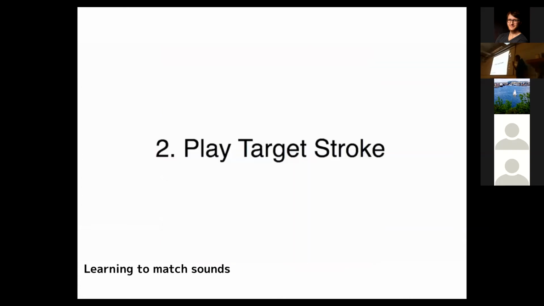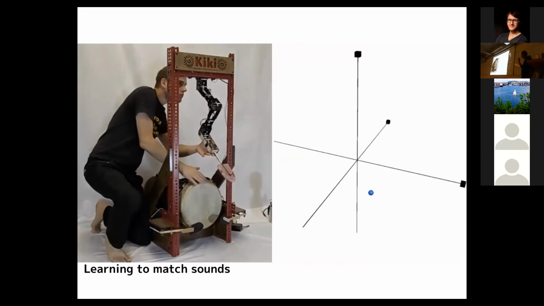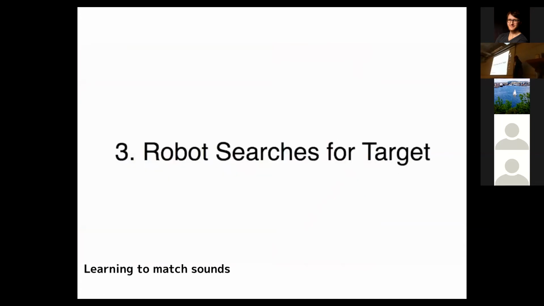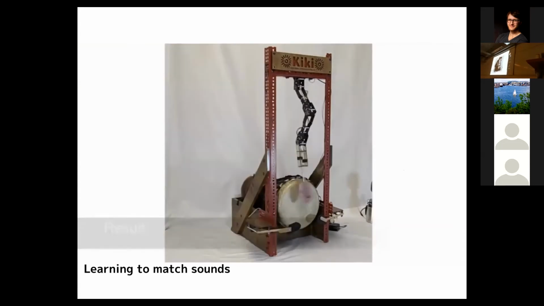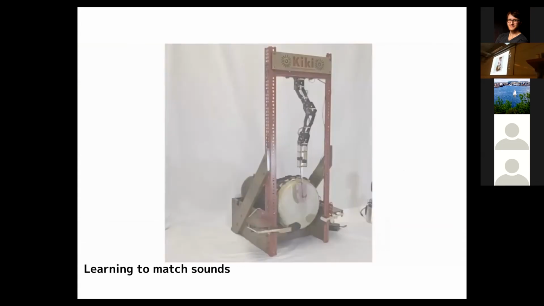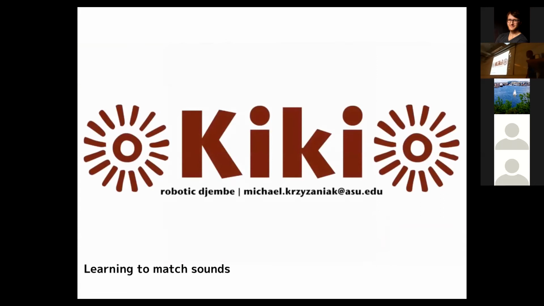Okay, now I'm going to play one stroke that I want the robot to learn. So it's maybe not perfect, but at least it kind of works.